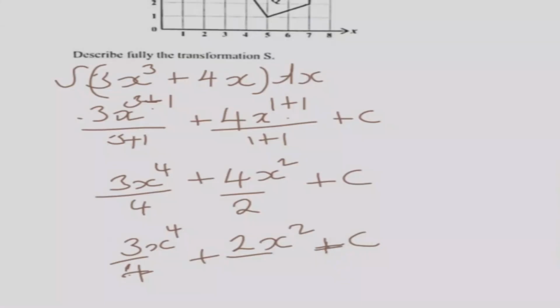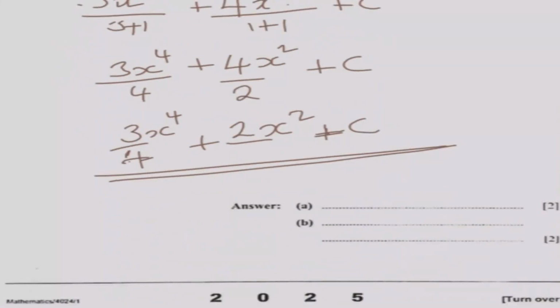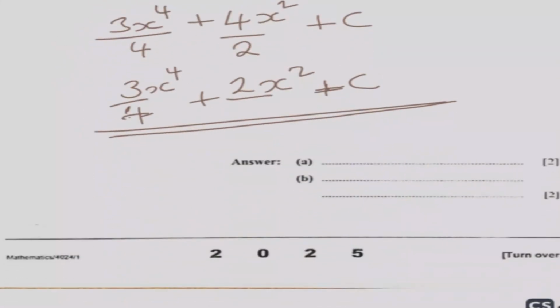Okay, so that is the final answer of that question. So we come down here and write the same answer I've gotten, which is 3 over 4 x raised to the power of 4 plus 2x raised to the power of 2 plus c. That is the answer that you record there.